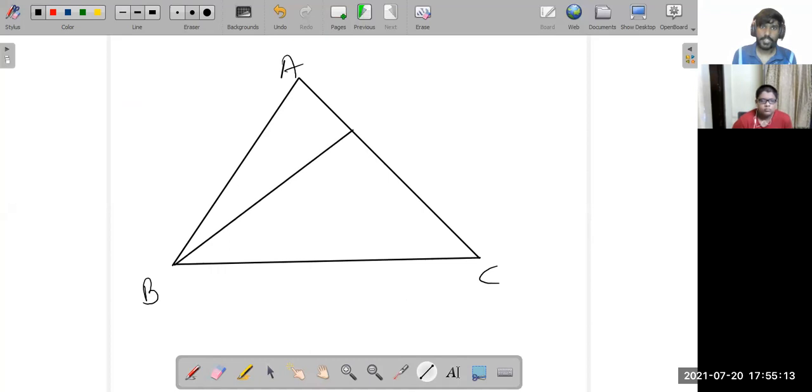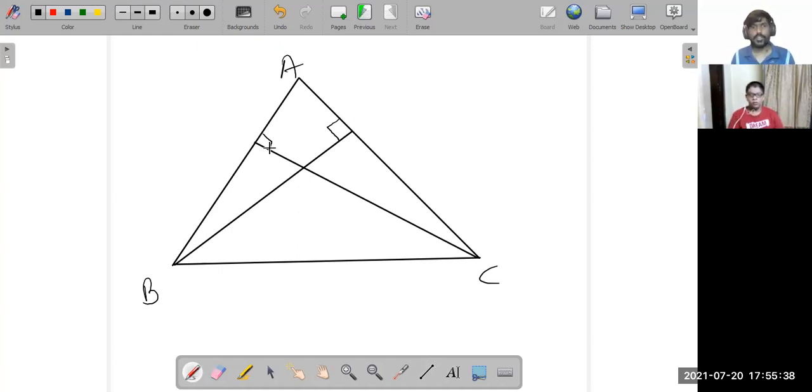It has to be perpendicular, so I'll write the perpendicular sign. Similarly, I'll draw another altitude from point C to side AB. So this is the next altitude.